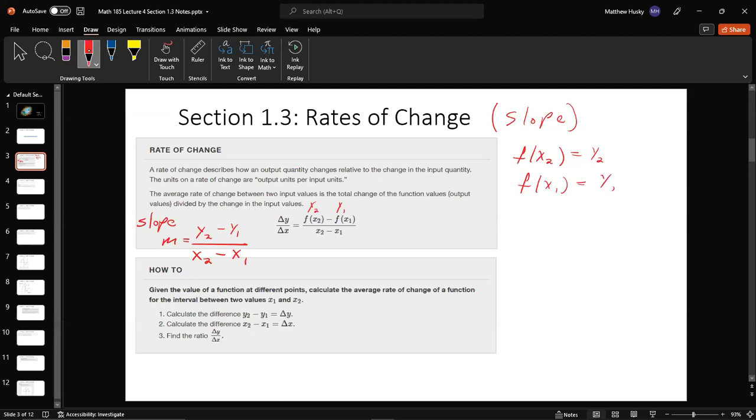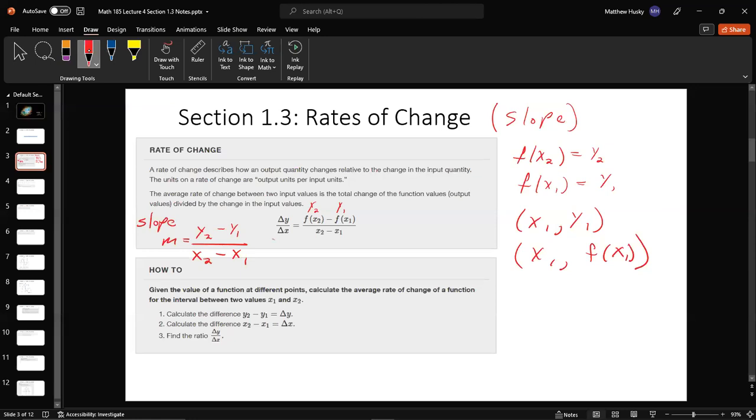And so if you've got some points, you've got x1, y1, or you could write that as x1, f of x1, because the y value is just what the function spits out using that x value. So it's just a different way to write it. It probably makes it more complicated than it needs to be.